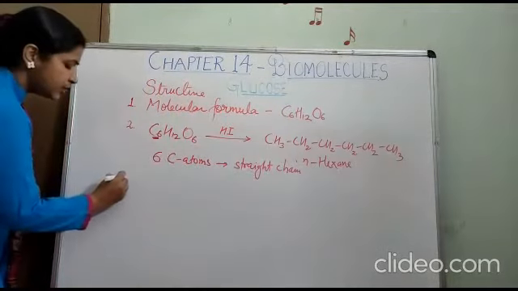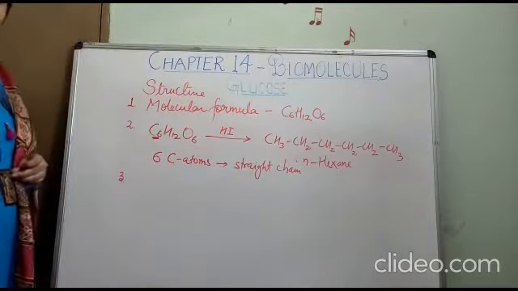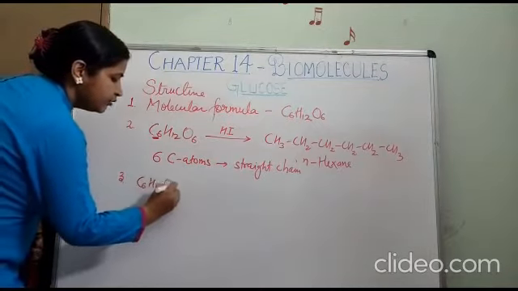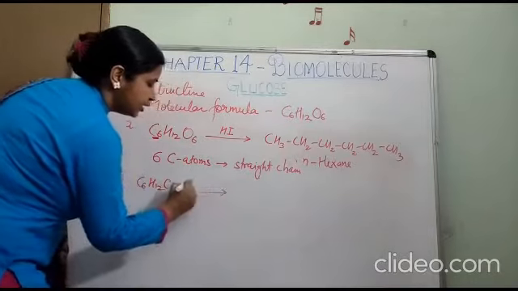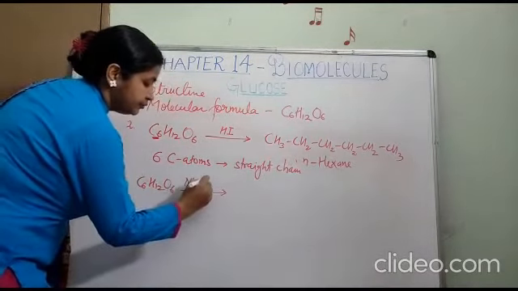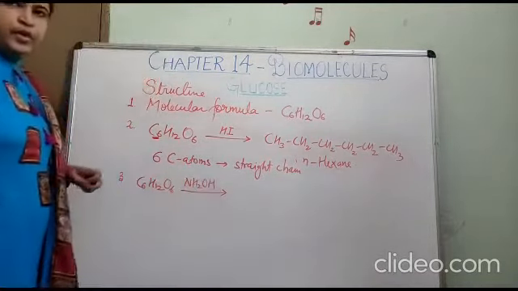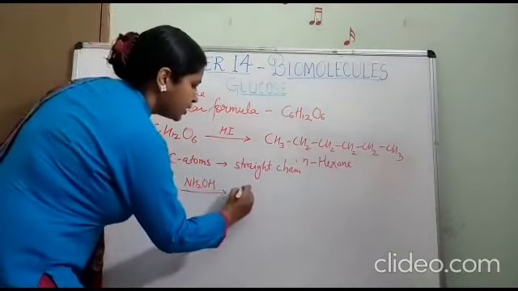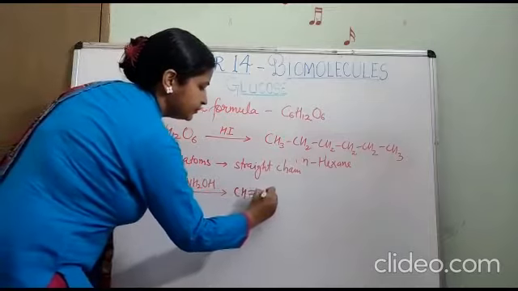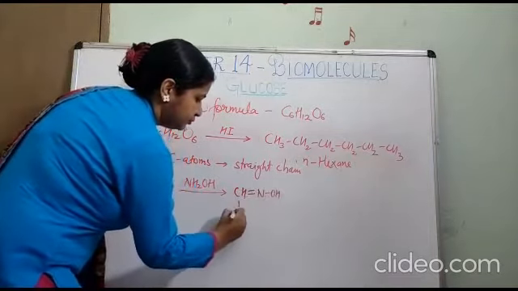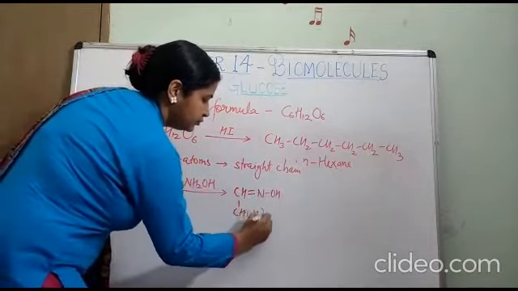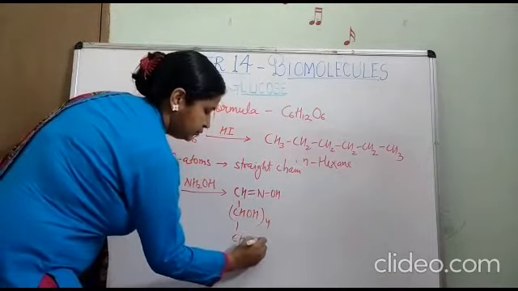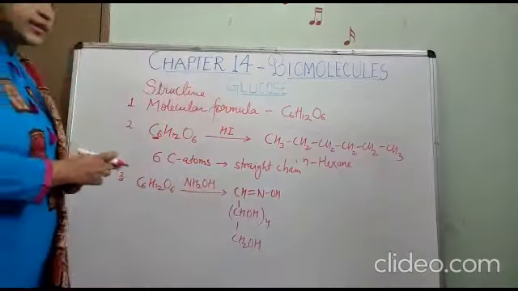Now the third observation. In the third observation, the glucose was treated with hydroxylamine. So when glucose is treated with hydroxylamine, it forms an oxime. This is an oxime.